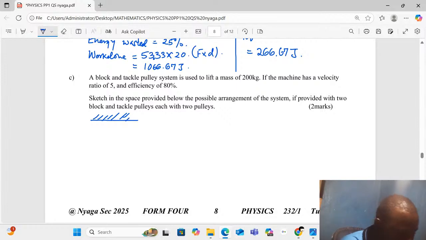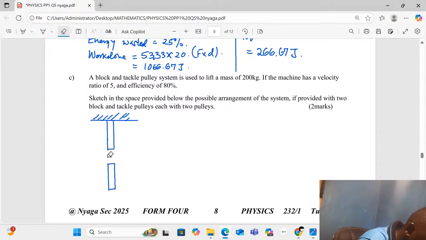So now can I have the first block? The second one. Like this. So you need to be very careful. So the first one is of two pulleys. You can say we are having a small one here.